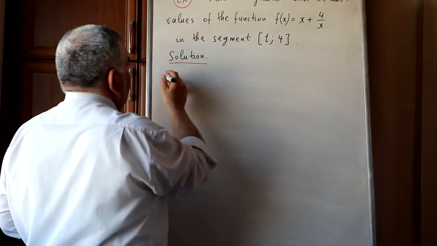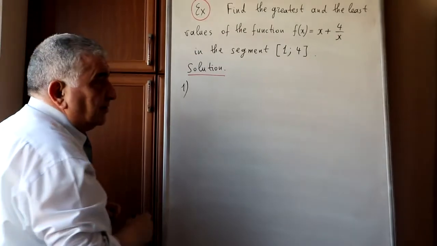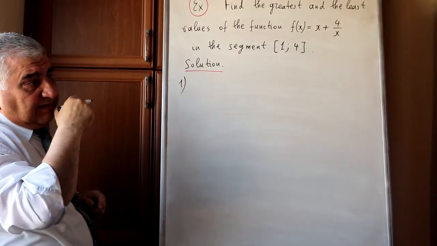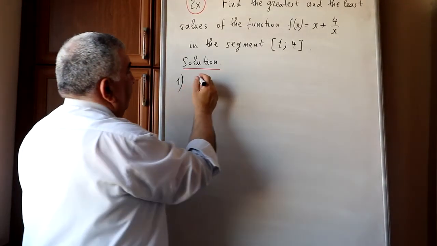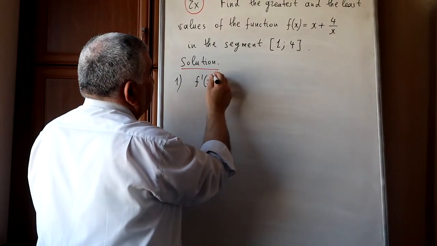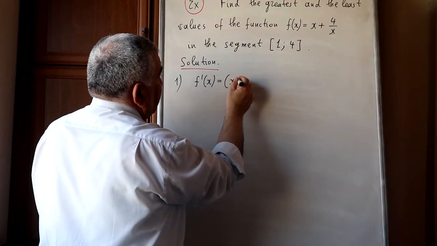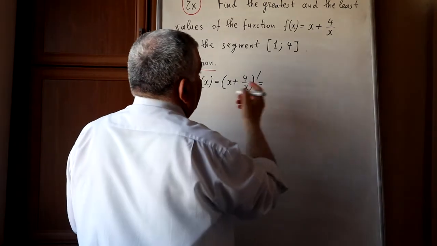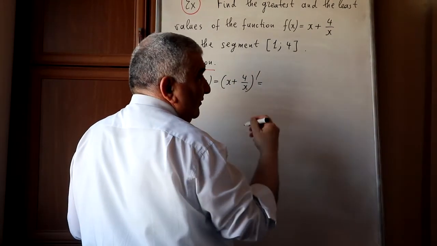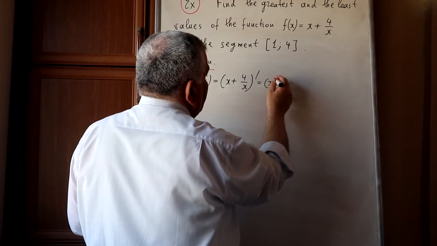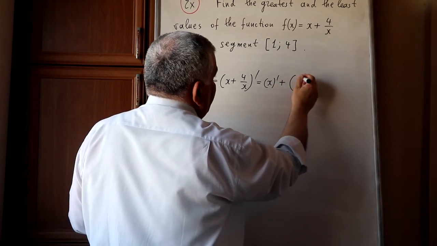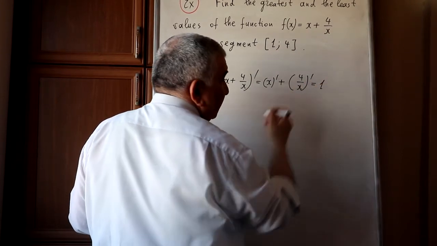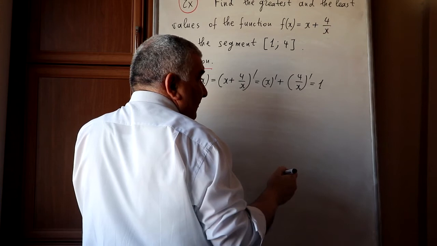First, find the critical points of the given function. For this, first find the derivative and then equalize the obtained derivative to 0. f prime of x is equal to the derivative of x plus 4 over x. The derivative of a sum is the sum of derivatives: x prime plus 4 over x prime. x prime is 1 according to the derivative table.